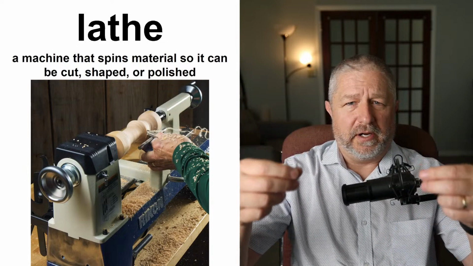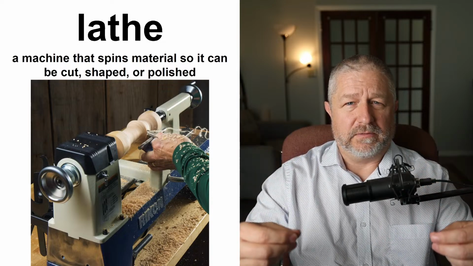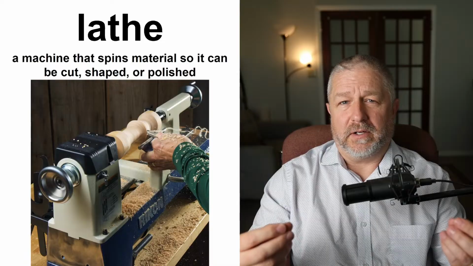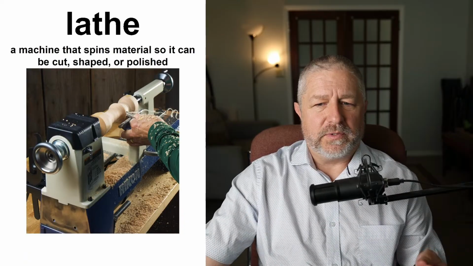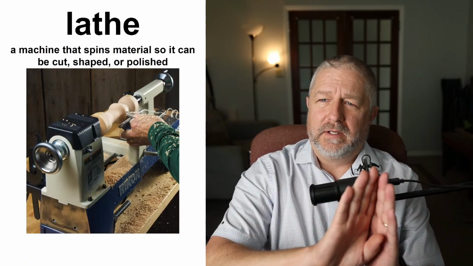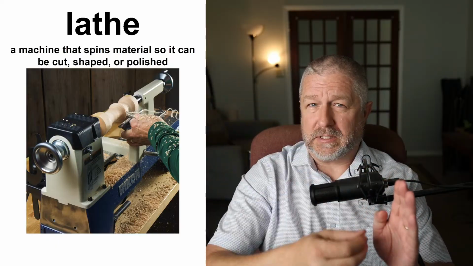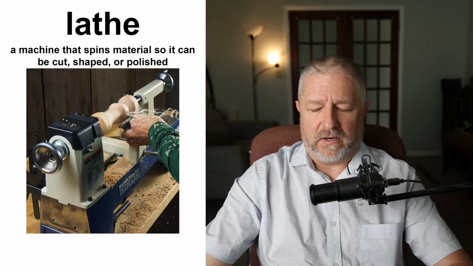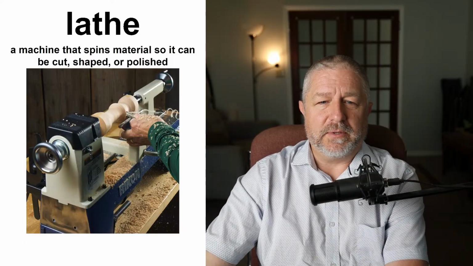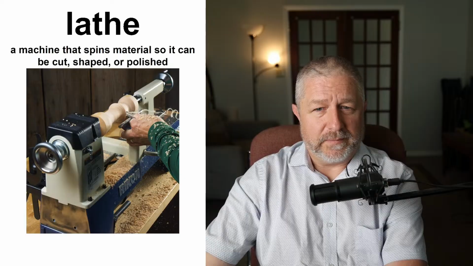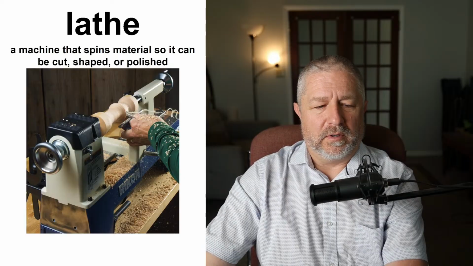When you see chair legs on a chair made out of wood, usually the legs are made on a lathe. If you see a stair rail going up alongside of stairs, usually the spindles are made on a lathe. So a machine that spins material, usually wood, so it can be cut, shaped, or polished.